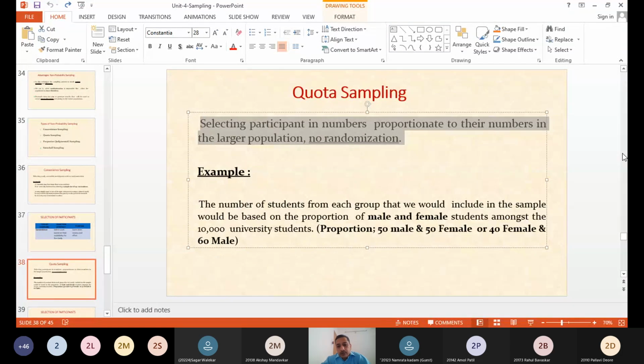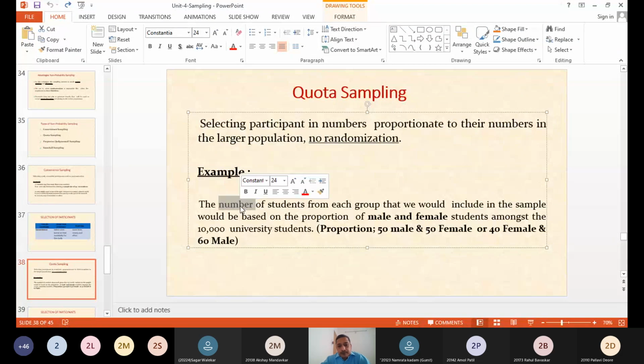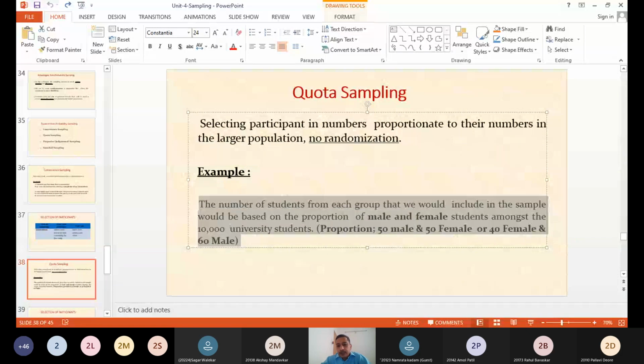We'll take one example so that you will be clearer about quota sampling. In the same example, the number of students from each group that would be included in the sample would be based on the proportion of male and female. For example, we have identified that the main characteristic of that population is gender, and based on gender we want to fix the quota of students to be selected from that population.